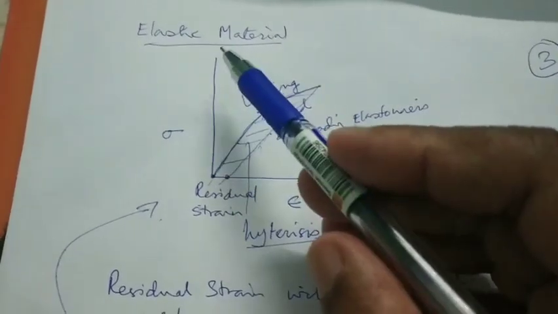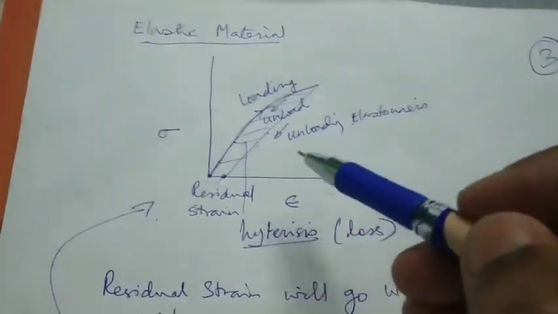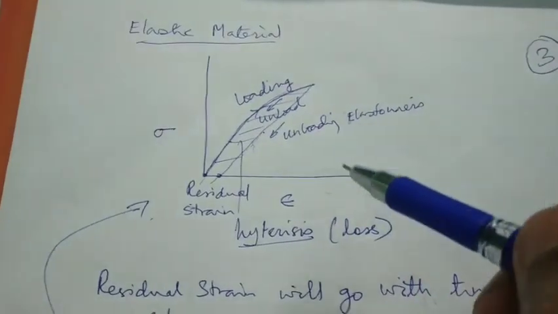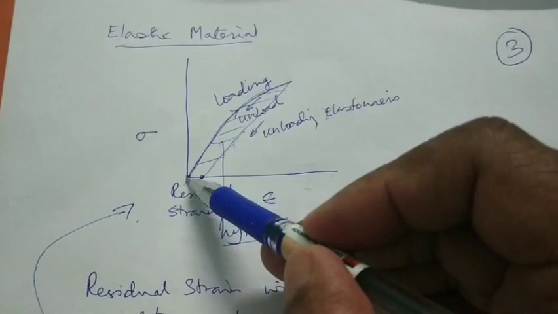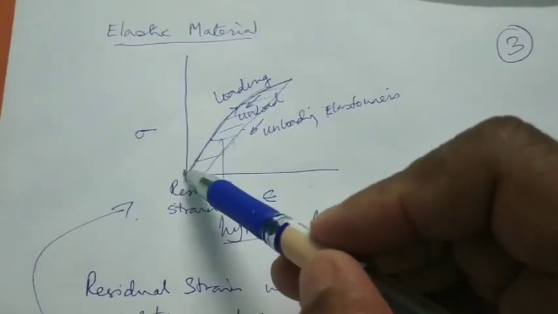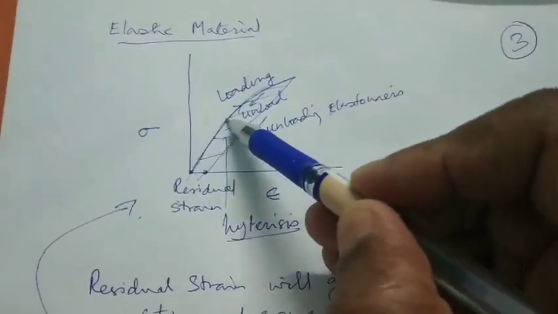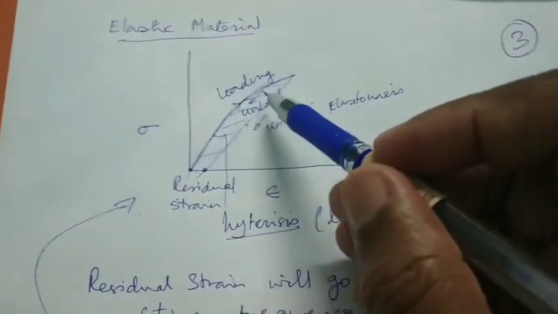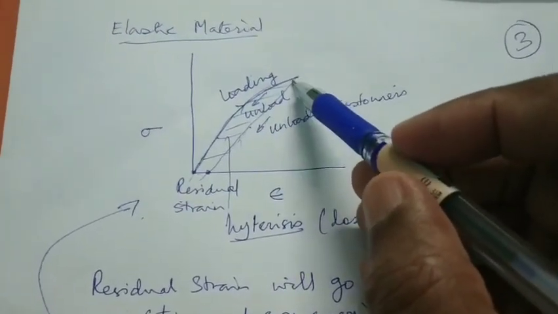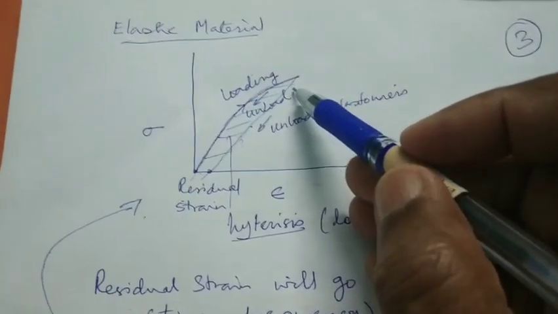But if we have an elastoplastic material, that is an elastomer, which the tire material or rubber is, then what will happen is that when we put a stress on the tire, this is the way in which the loading process or the stress increases and the strain is there. That is the elongation or compression that takes place.